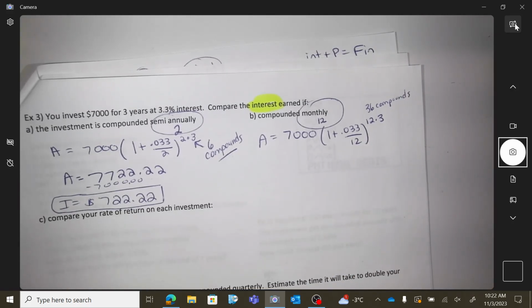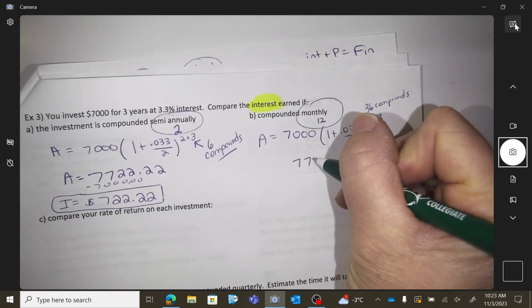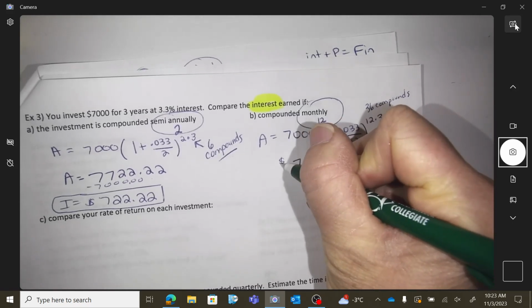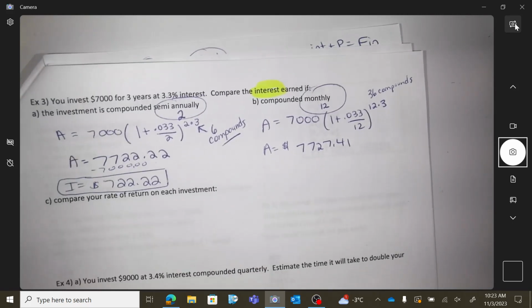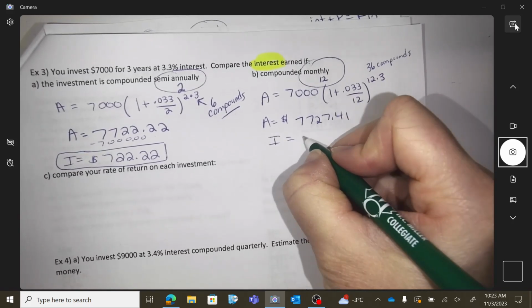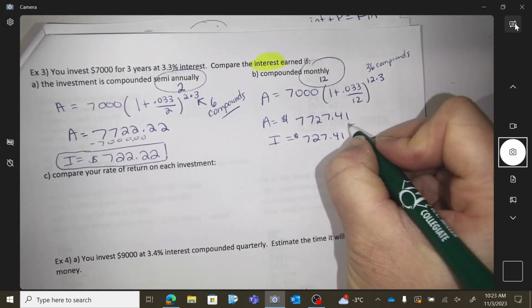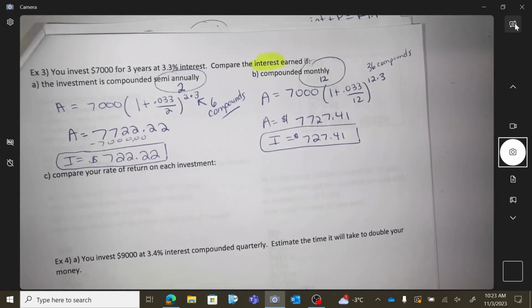So that's the exponent. So then, remember again, that's a final number.